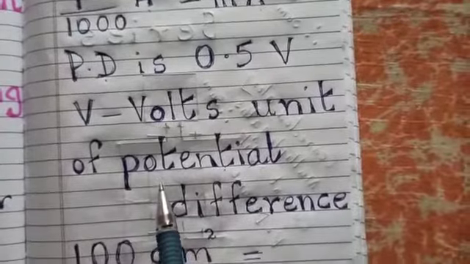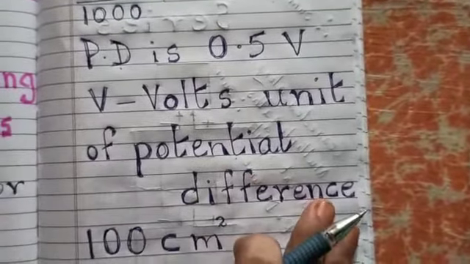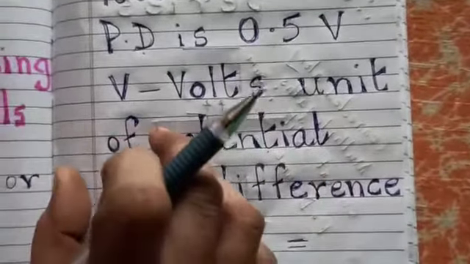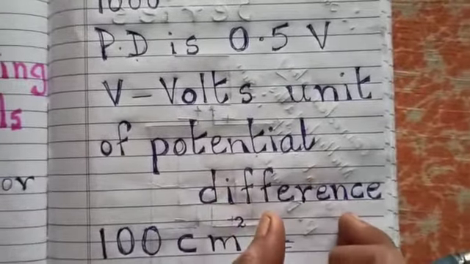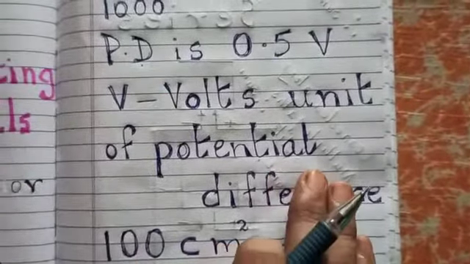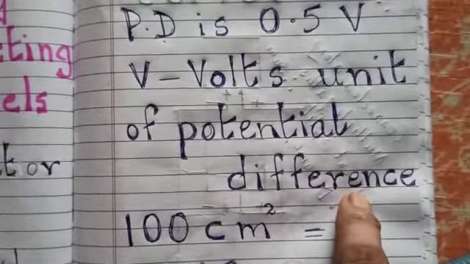It means the difference between the higher level and the lower level. Now you know in electricity the positive terminal is the higher level and the negative terminal is the lower level. So the difference between the positive and the negative is known as the potential difference.